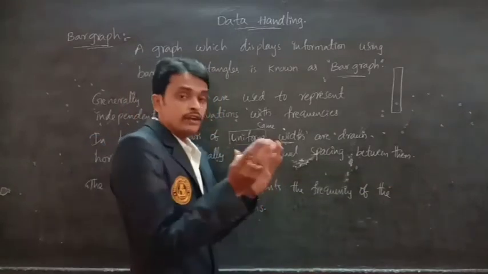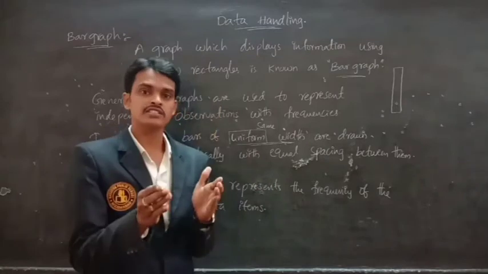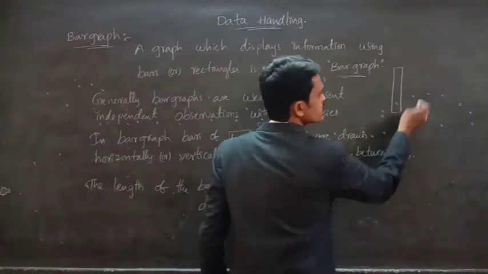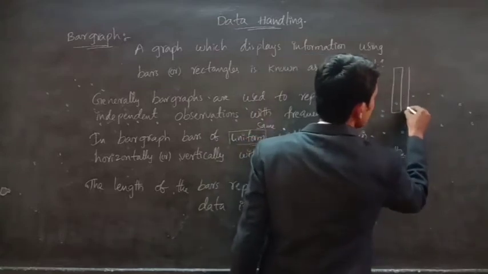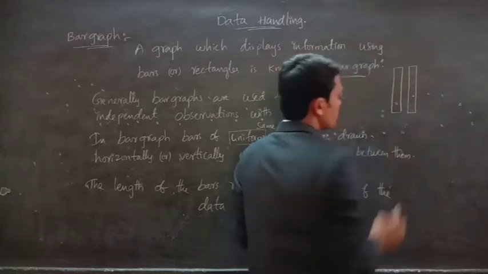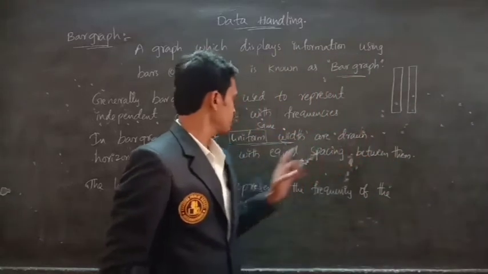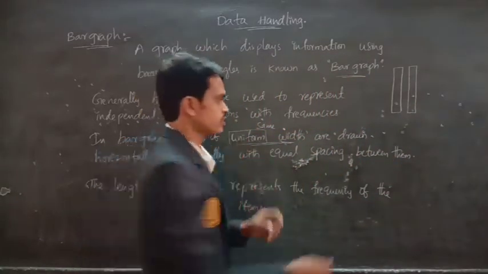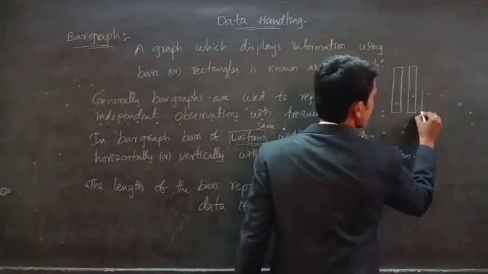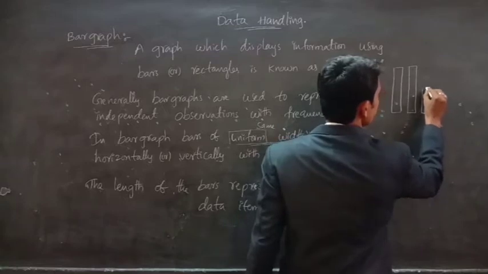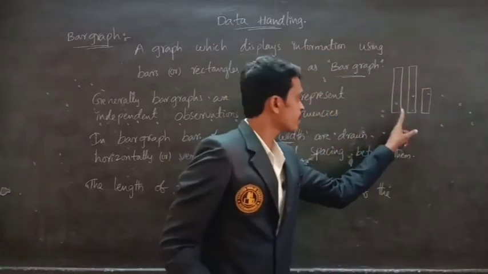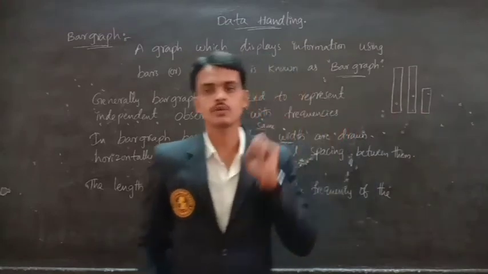So while you are drawing bars, rectangles, their width should be the same, and between them we should leave equal space. Width should be the same, and the space between them also equal.